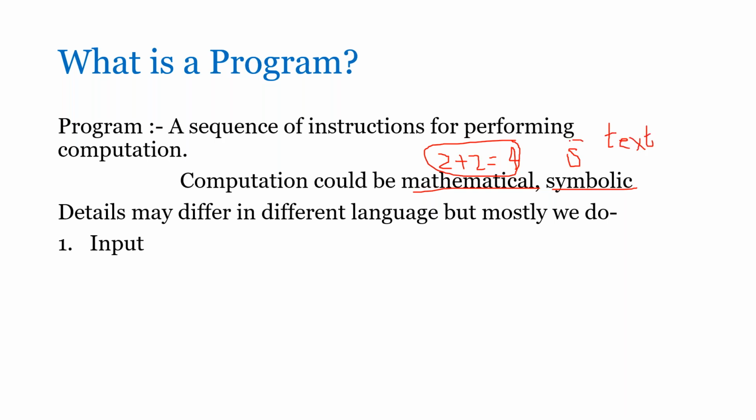Python will go letter by letter and see whether that letter is S or not. That is also a kind of computation, because it is checking whether this letter is S or not. If it is not, it discards it. Wherever it finds a match, it will give you that match. So computation could be of any type.